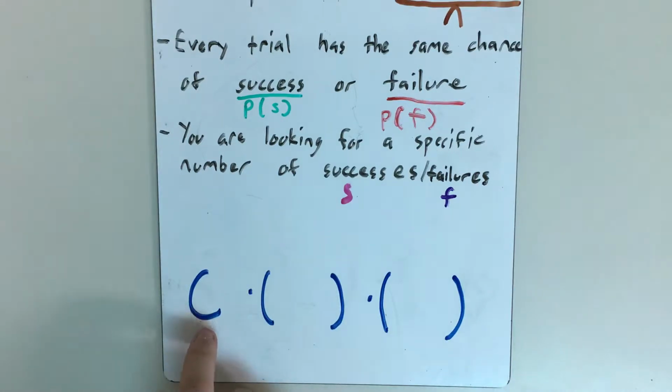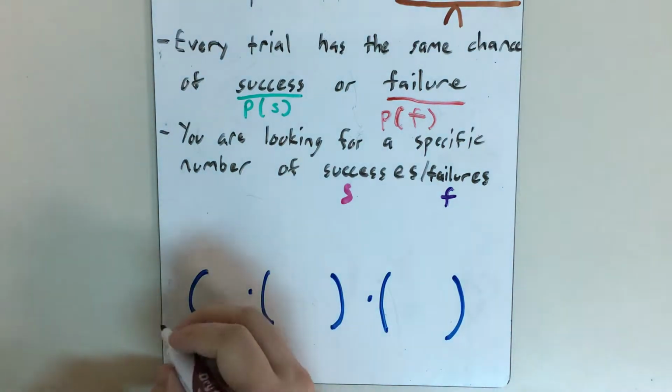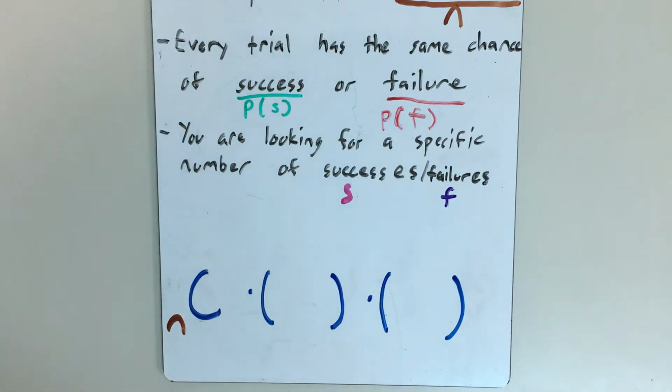So for instance, this big C. What we're looking for is n choose, if you remember that from combinations, n choose S. This part of the formula is essentially the number of ways that we can do something this many times and get this many successes.